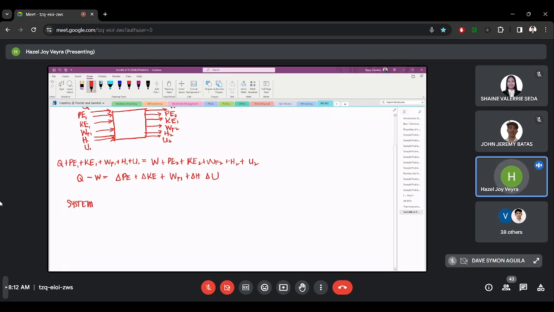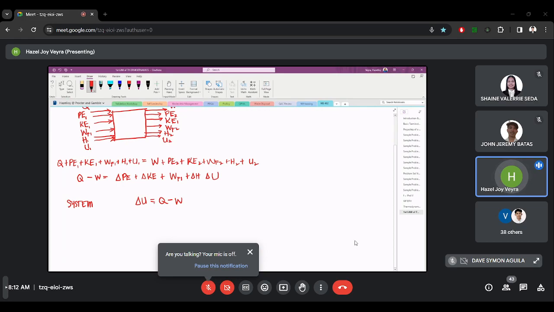Ito din yung madalas na pinagkakalituhan ng mga estudyante. So, in a thermodynamic system, and if we talk about internal energy, the delta U or the change in internal energy of a system is equal to the heat minus the work.